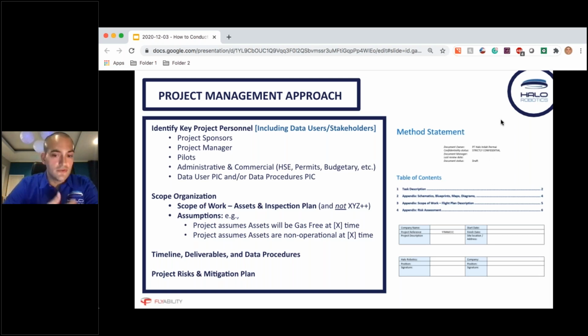And then we use the method statement to organize scope, as well as timeline, deliverables and data procedures, as well as risk. So next slide, please.